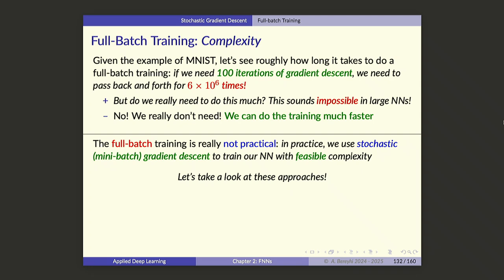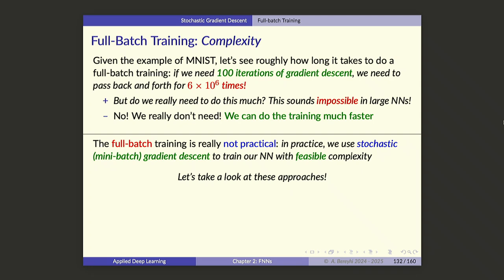So we come up with an alternative idea that still does gradient descent, but with less complexity. And this is what we nowadays call stochastic mini batch gradient descent. Now, I put mini batch in brackets because usually people don't say mini batch anymore. They simply say stochastic gradient descent, even though stochastic gradient descent is a bit different.